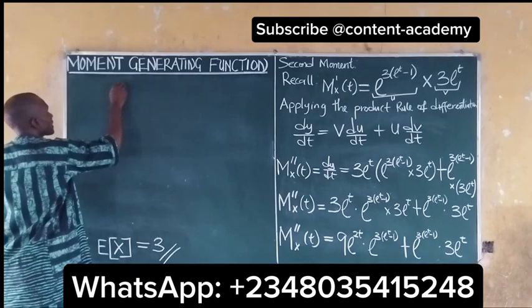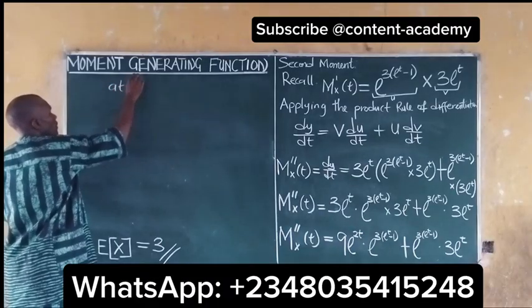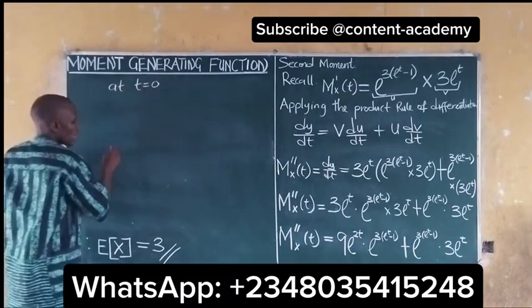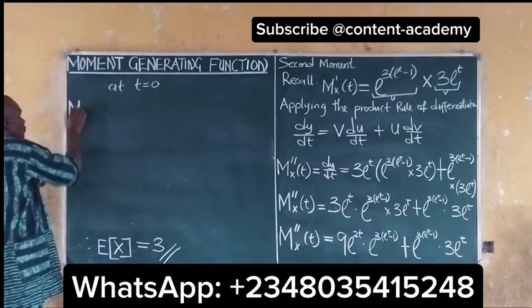So we say at t is equal to 0, anywhere we see t, we put 0.